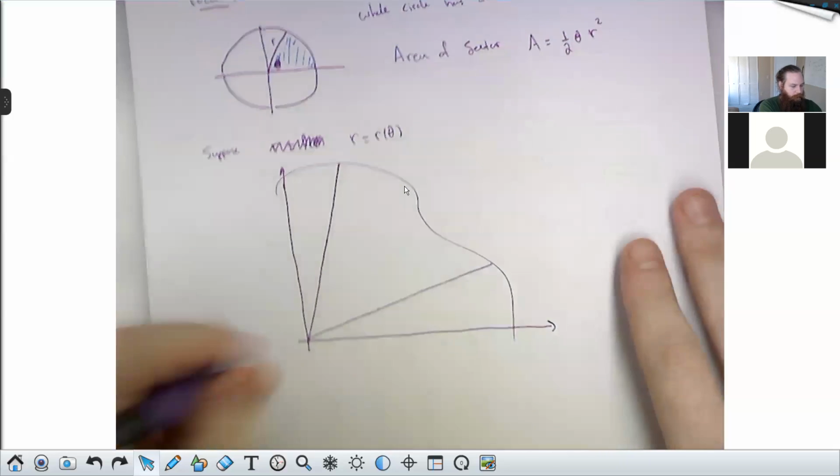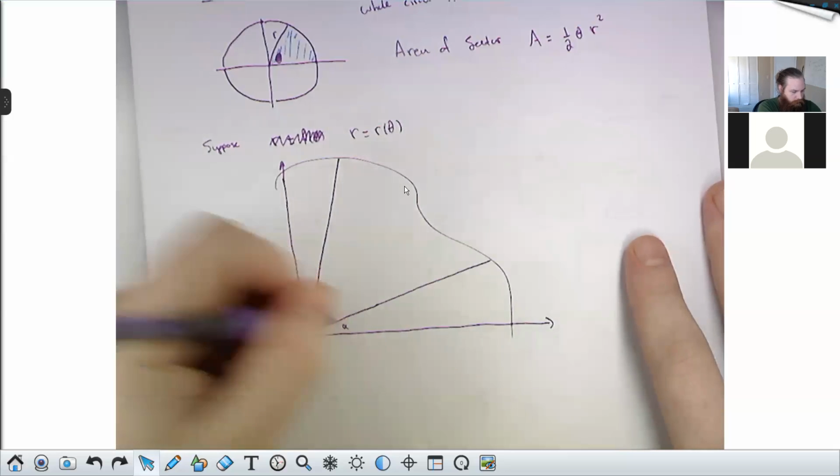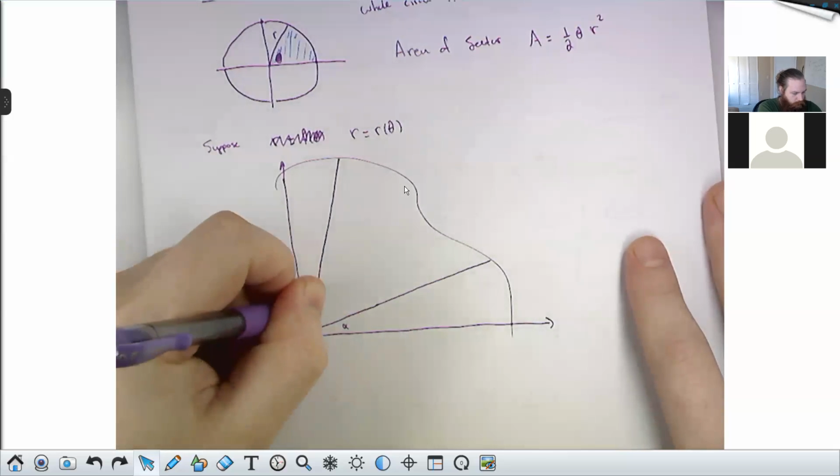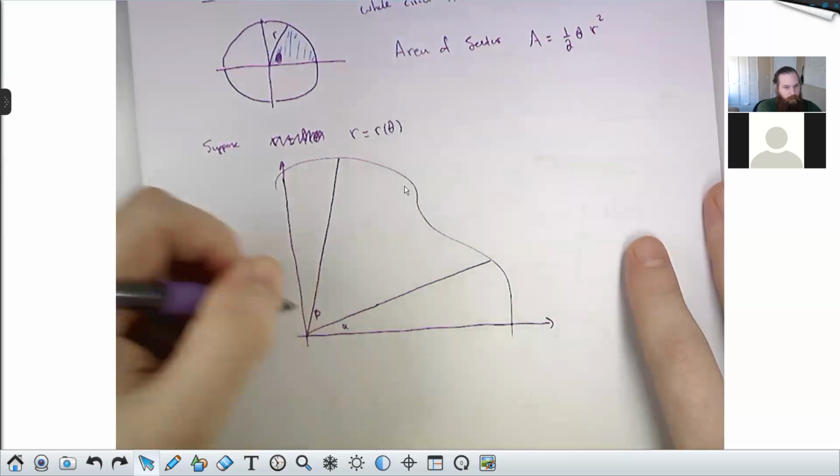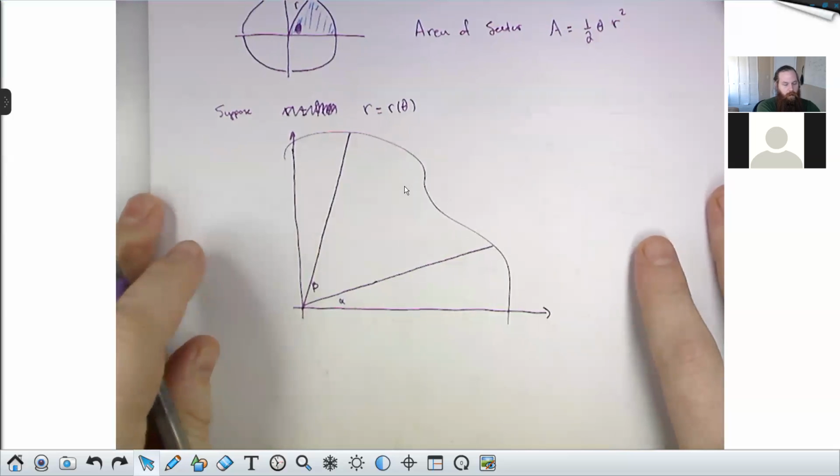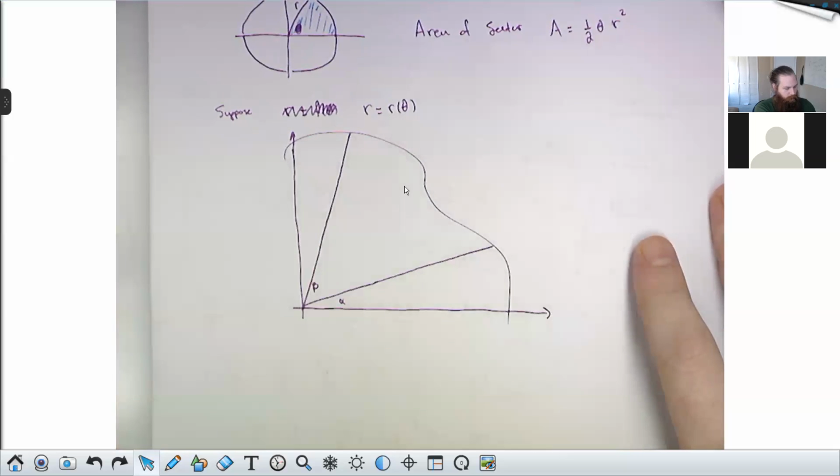So maybe this is coming from theta equals alpha, and this is theta equals beta. And you want to find this area in here.